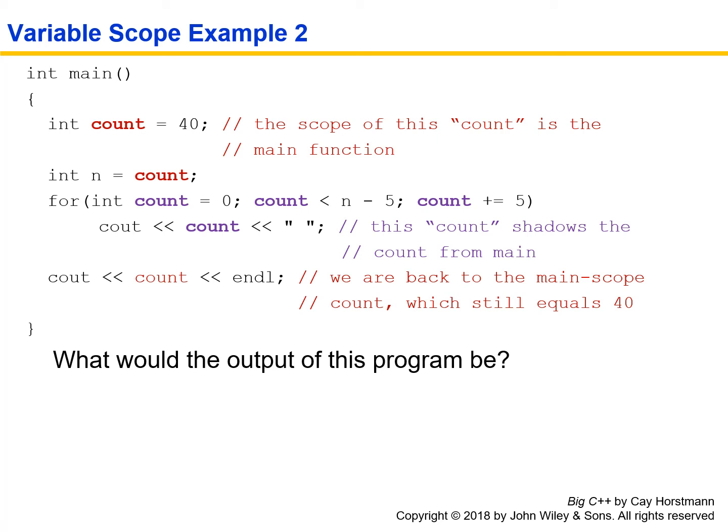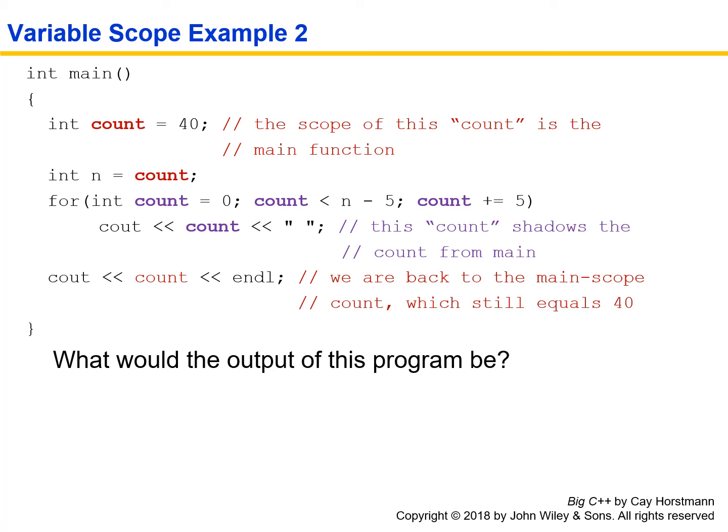For the duration of the for loop, count starts at 0, it adds 5 at a time. It goes to less than n minus 5. Well, n is 40, so it goes to less than 35, so it stops at 30. And then we immediately switch back to the red count, which has never changed. It's been 40 the whole time.